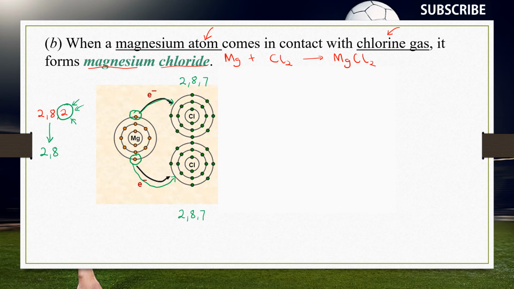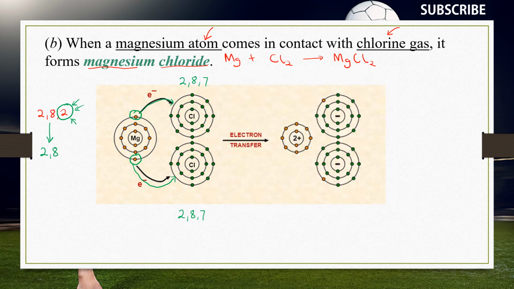So what happens is that magnesium will now become stable and obtain a 2, 8 electronic configuration, while the chlorine atoms, now chloride ions, will have 2, 8, 8, because they both obtained 1 electron from magnesium. So in the process, they will now become charged.